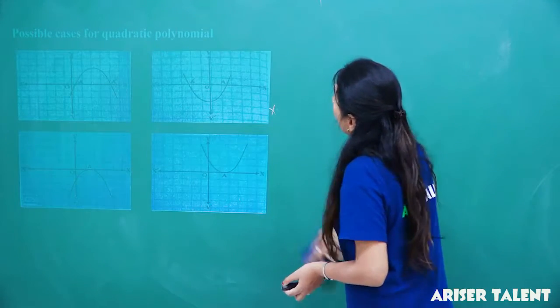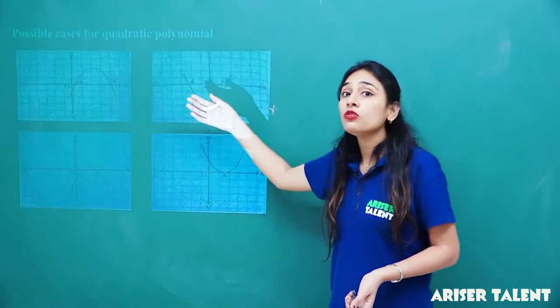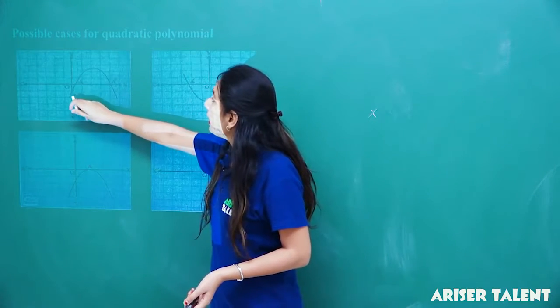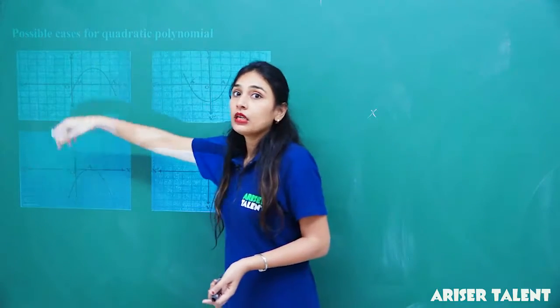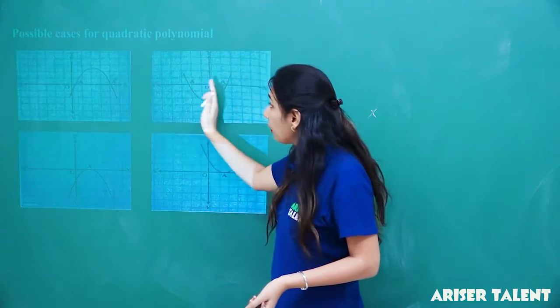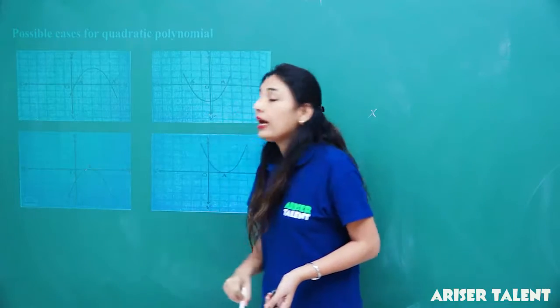Now, in a quadratic polynomial, we found that there can be an upward or downward parabola. It can either cut the x-axis at 2 points, being upward or downward, or it can cut at only 1 point.